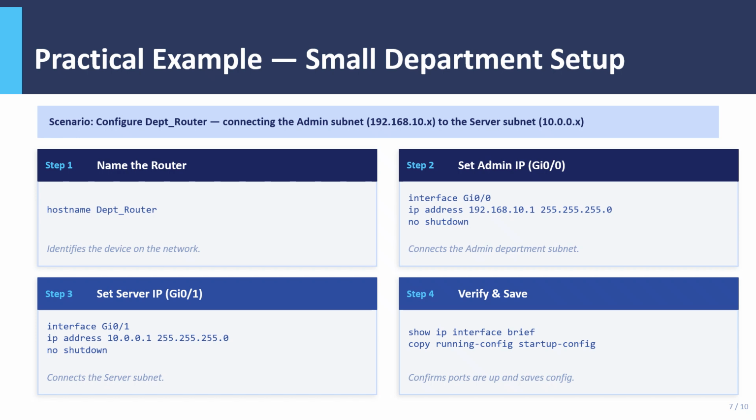Step 4, we verify using show ip interface brief. We should see both interfaces as up/up. Then we save with copy running-config startup-config. At this point, devices on the subnets can communicate through the router. That's it. Let's proceed.